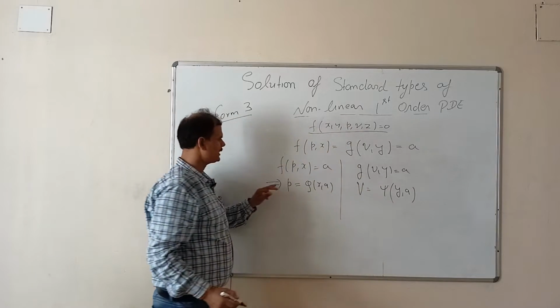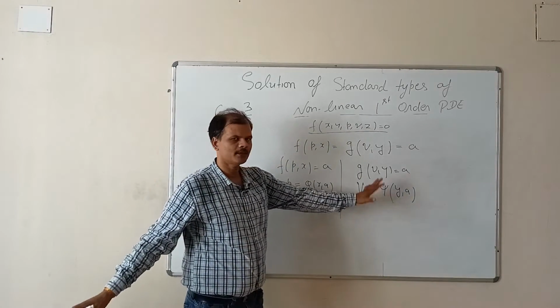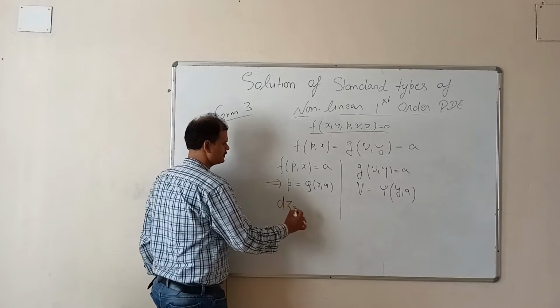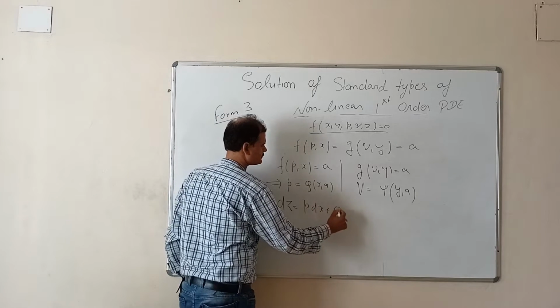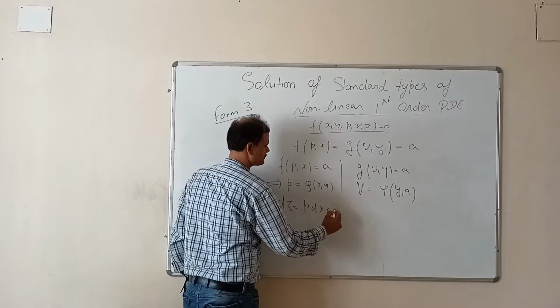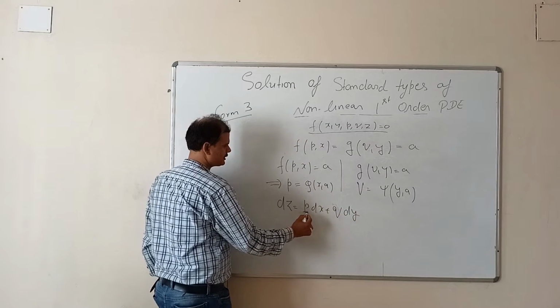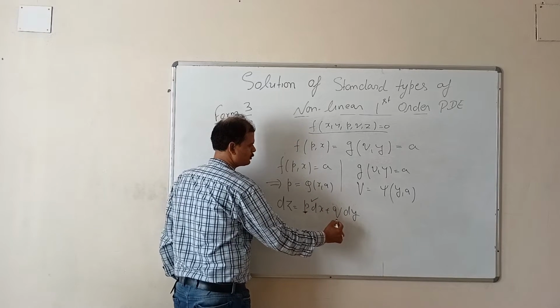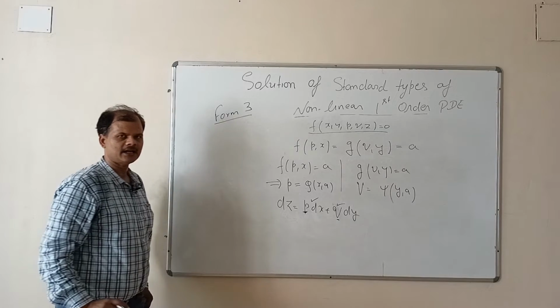So we are getting p in terms of x and q in terms of y. Then we can have this complete solution: dz equal to p dx plus q dy. So this p is the function of x alone, we can integrate easily, and this q is the function of y, so we can integrate easily and can get the answer.